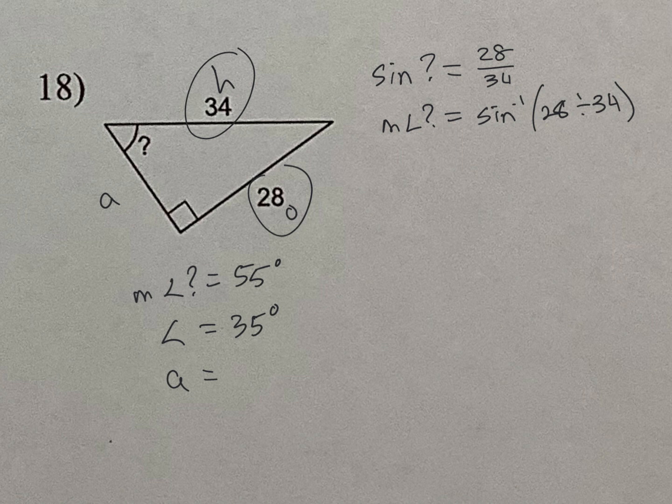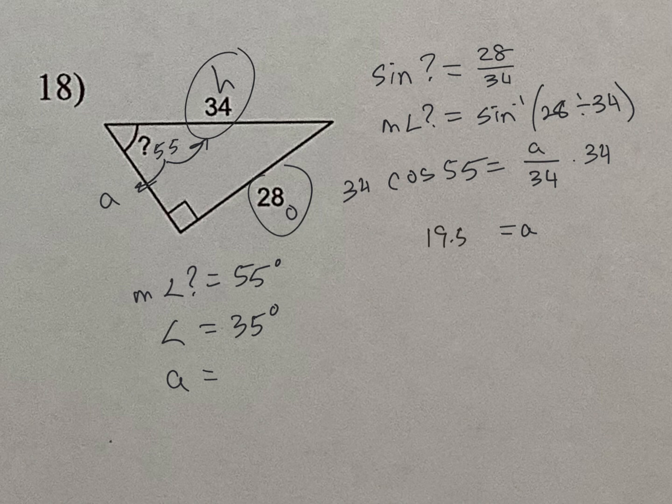So the trig function, to get A, I'll use the 55, which has been rounded. Okay? And I'll use the adjacent leg and the hypotenuse. So that's cosine of 55 is equal to the adjacent leg over the hypotenuse. So multiply by 34. So 34 times the cosine of 55 gives me 19.5.